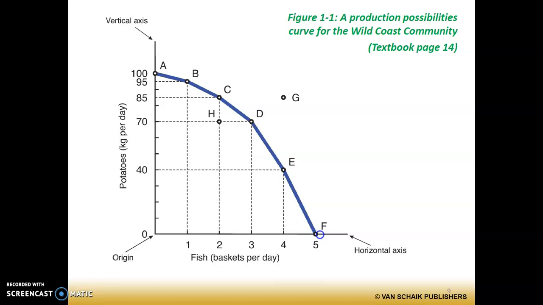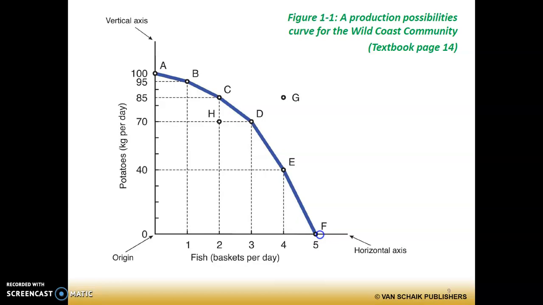And opportunity cost is illustrated by what we refer to as the negative slope of the curve, which means that more of one good can be obtained only by sacrificing the other good.